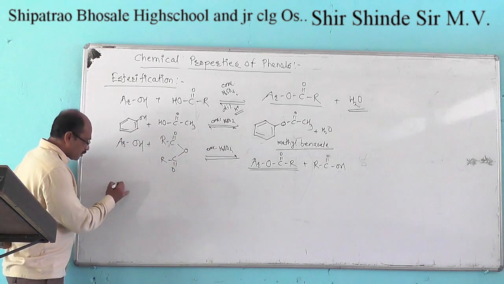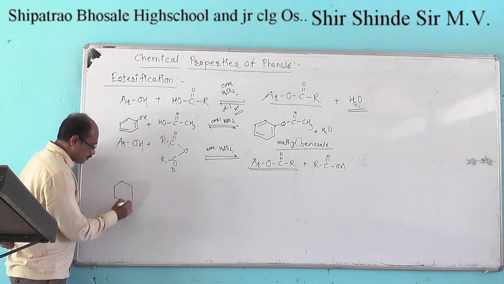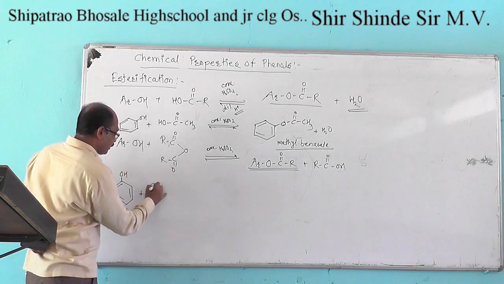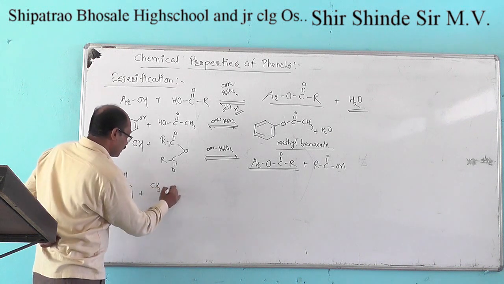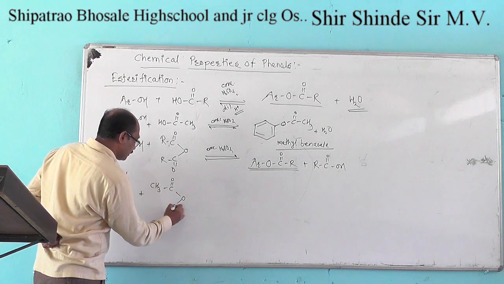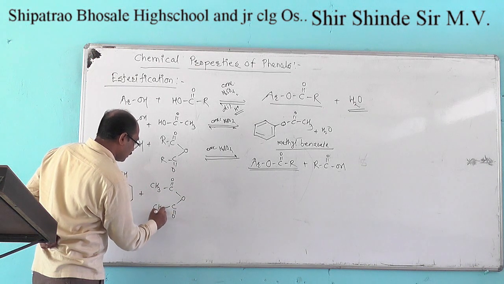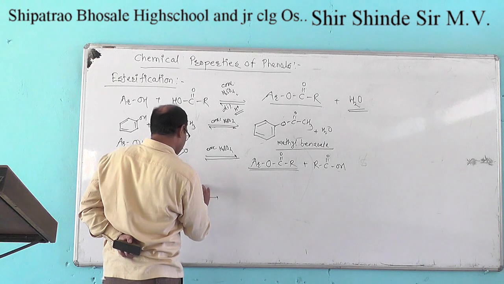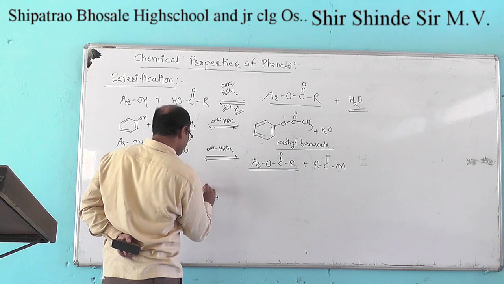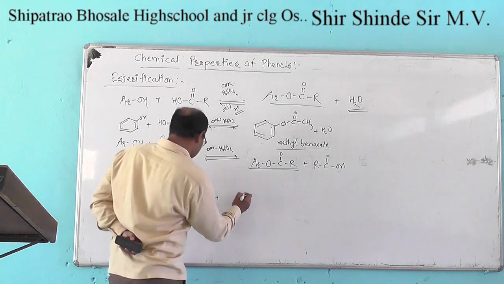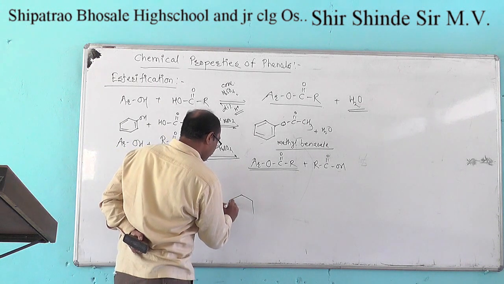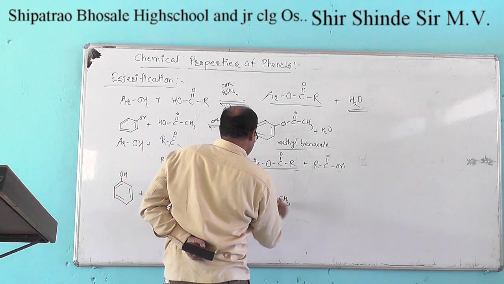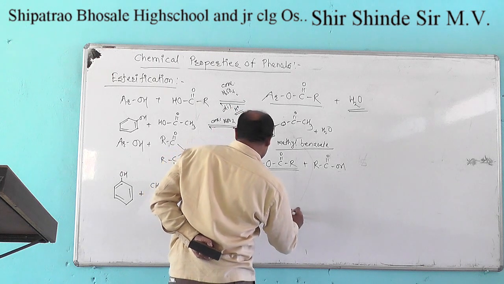For example, phenol on treatment with acetic anhydride in presence of acid gives us the formation of the corresponding methyl benzoate.